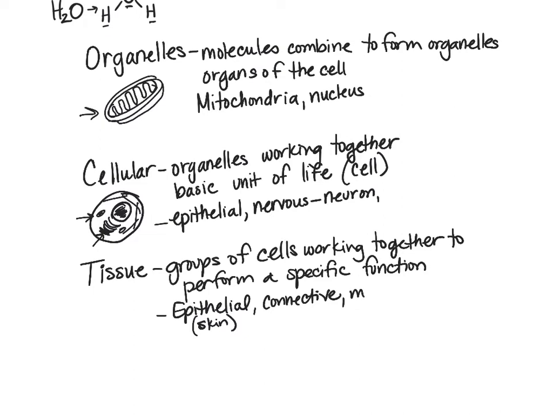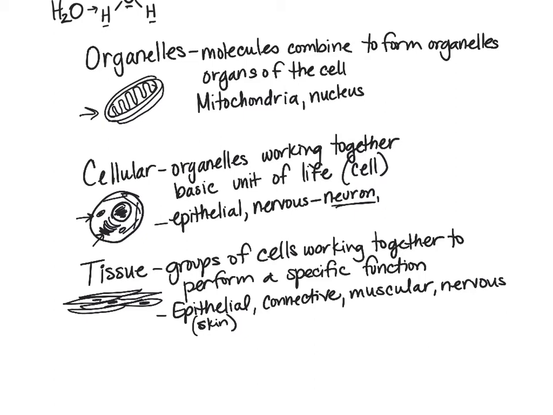Some other examples would be muscular tissue, and also nervous tissue. If we're talking about our neurons, for example, many neurons coming together, along with some other cells, are going to make our nervous tissue. So if we think of our tissue, we can think of various cells coming together. These are going to be some thin flat cells, all working together to perform a particular function.